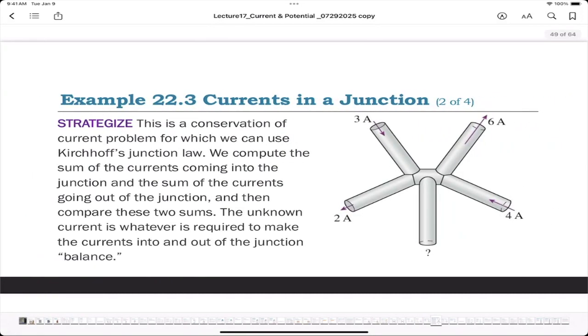Okay. Yeah, this is just the strategy. This is a conservation of current problem for which we can use Kirchhoff's junction law. We compute the sum of the currents coming into the junction and the sum of the currents going out of the junction, and then compare these two sums. The unknown current is whatever is required to make the currents into and out of the junction balance.